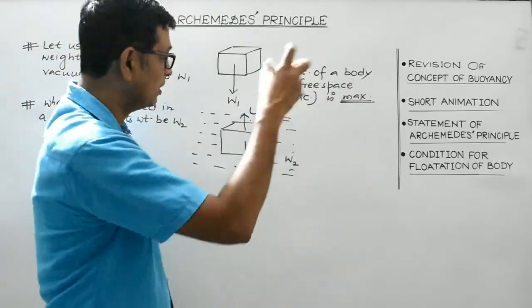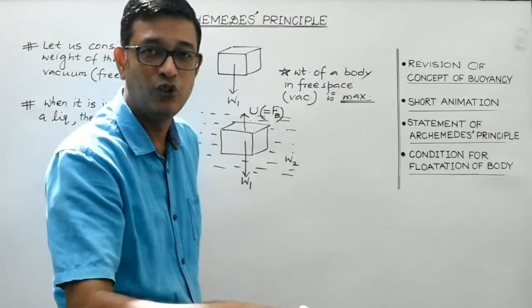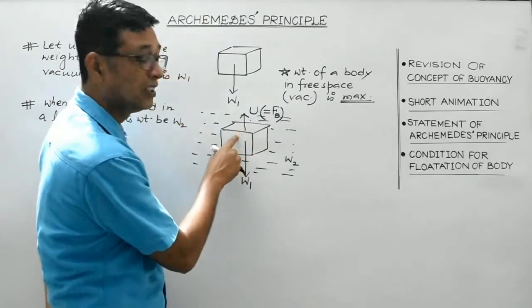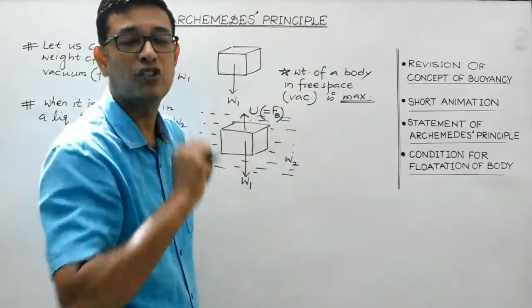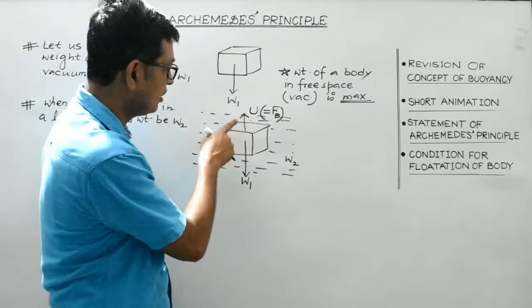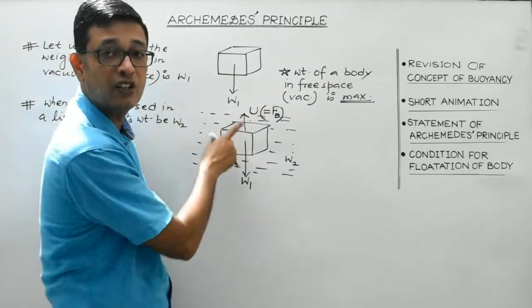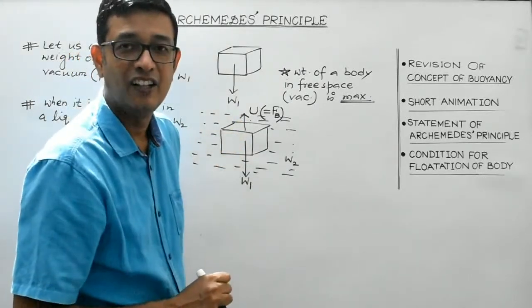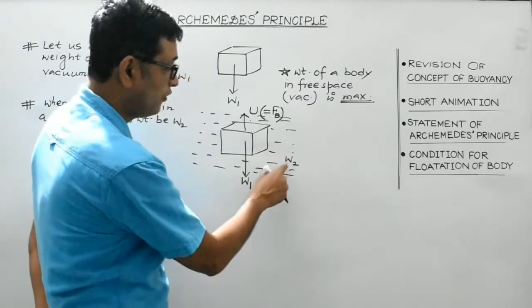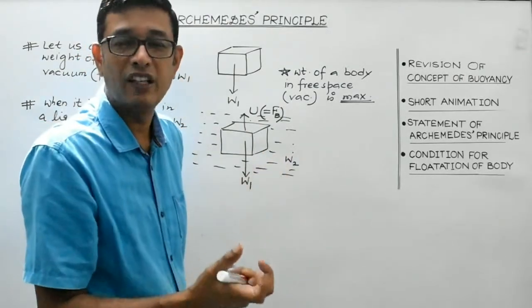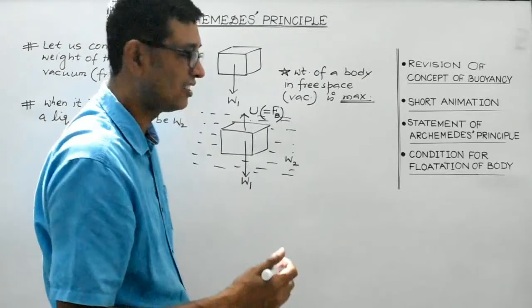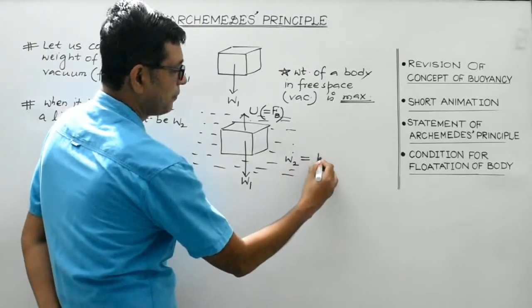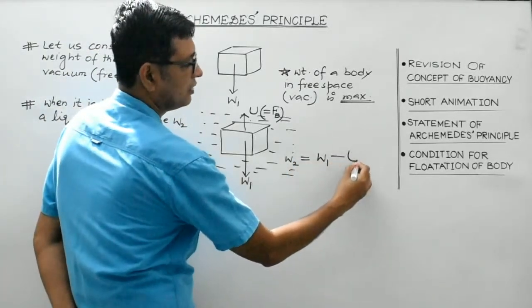So on immersing this body inside a fluid, it experiences an additional upthrust, upward force. So obviously these two are of opposing nature, they are oppositely directed, isn't it? So the net weight or the apparent weight of the body in the liquid will get decreased. So it will be given by W1 minus U.